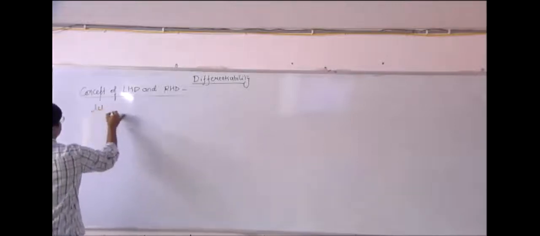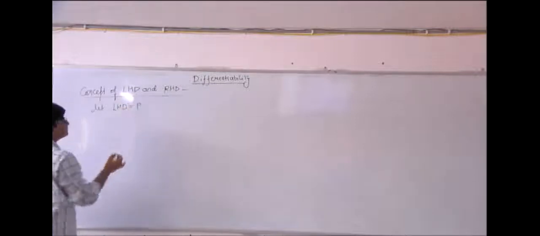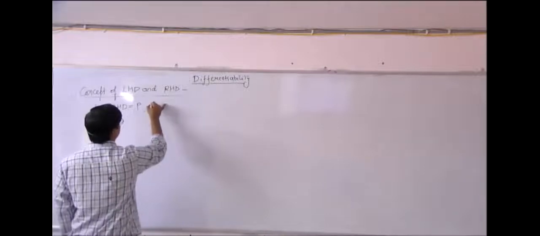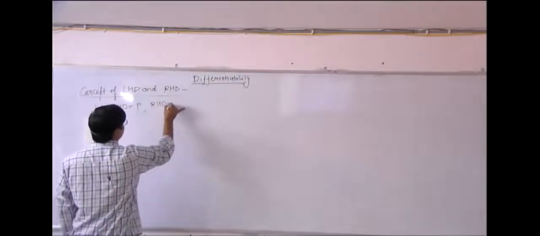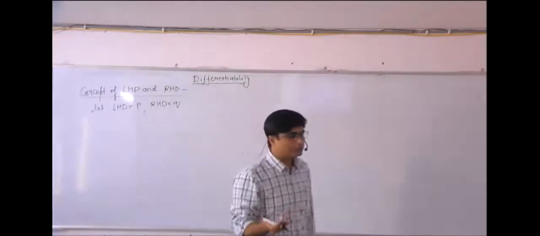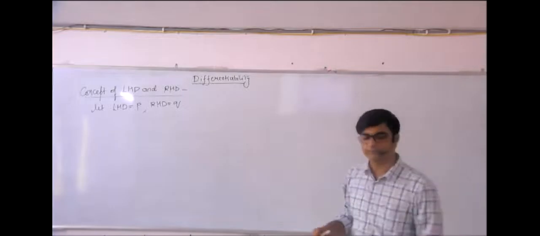Let left hand derivative be equal to p, and right hand derivative equal to q. There is a function, we calculated left hand derivative and right hand derivative. One comes out to be p, the other q.